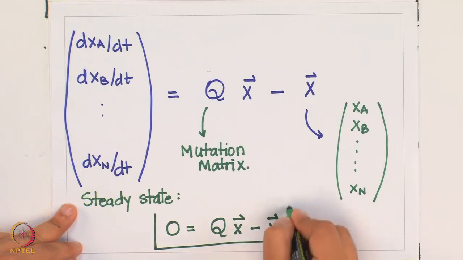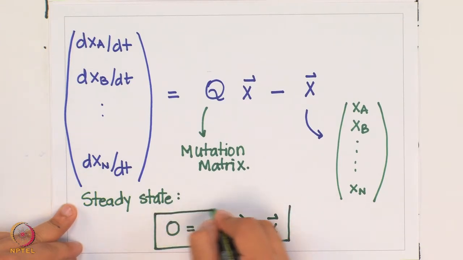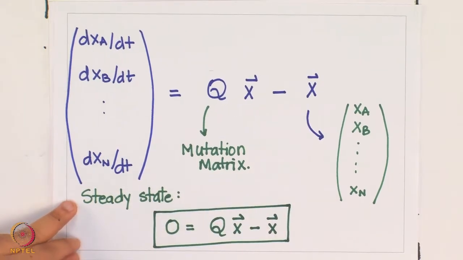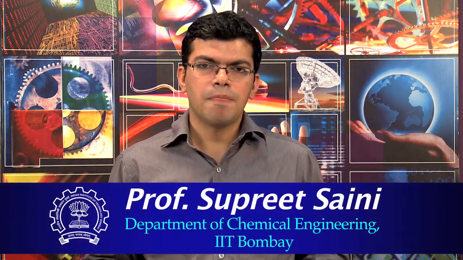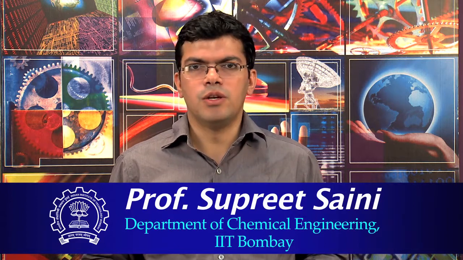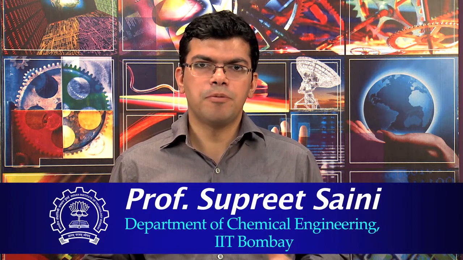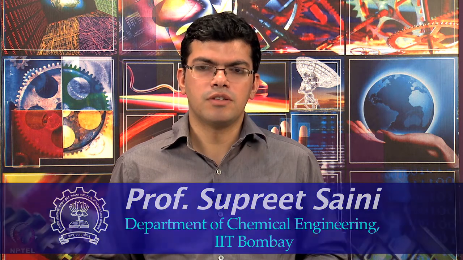This is the equation that we need to solve to understand the mutation between n distinct genotypes at any given point in time. That's not a trivial task, and we're going to borrow concepts from linear algebra to be able to arrive at this solution. That's something that we're going to pick up in our next lecture onwards. We'll stop here for this one. Thank you.